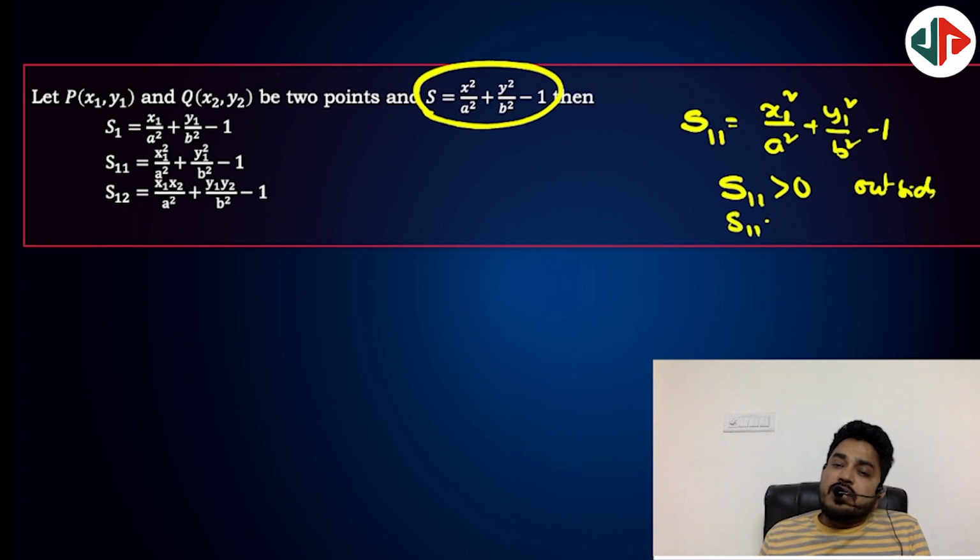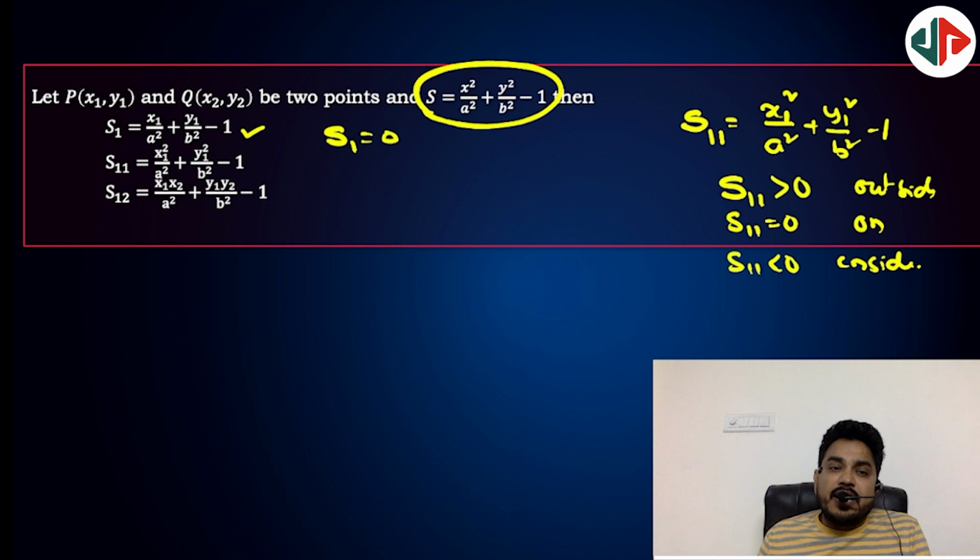S11 is equal to 0, point lies on the ellipse, and S11 less than 0, point lies inside. And S1 is equal to 0 always represents the straight line. S11 is a constant, S12 is also another constant.